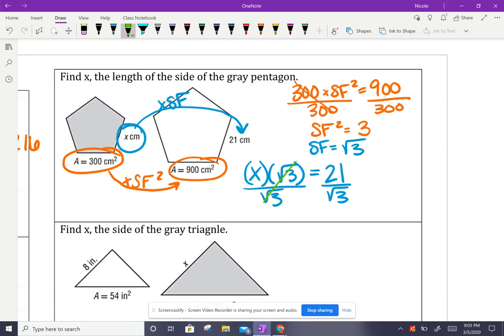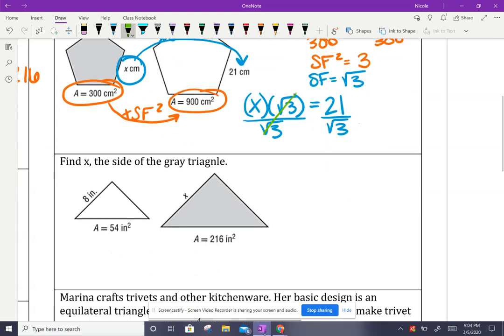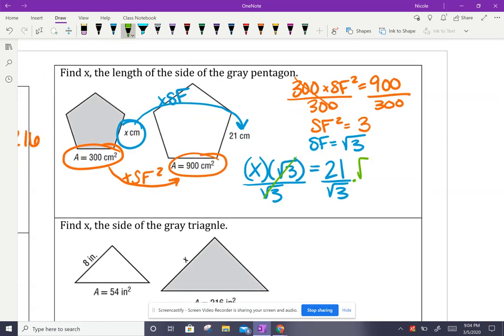So first, because my question does not specify to leave it in terms of a radical or a decimal, I'm going to go ahead and do this as a radical because then it's easier to turn it into a decimal versus having a decimal and turning it into a radical. That's a little more difficult, as y'all have probably noticed. So I'm going to multiply the top by root 3.